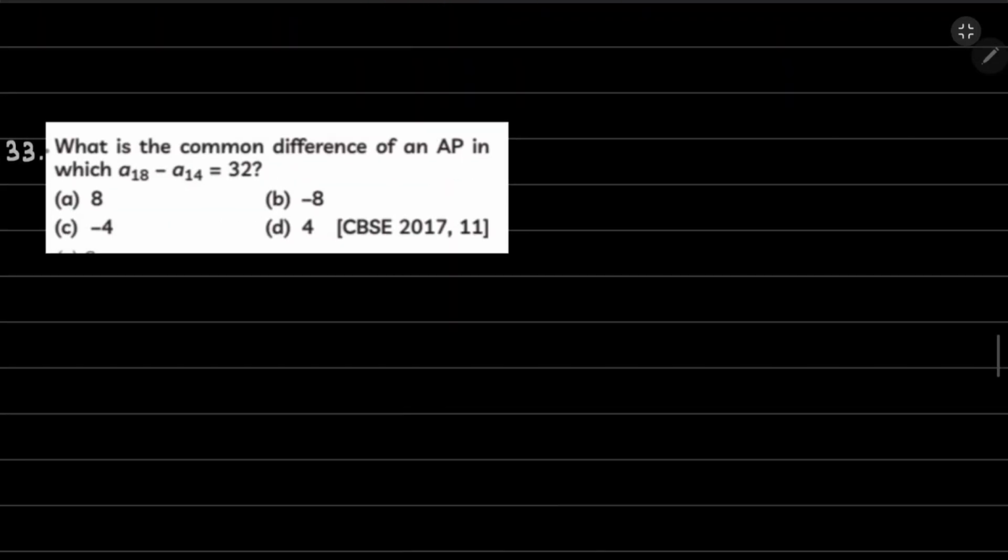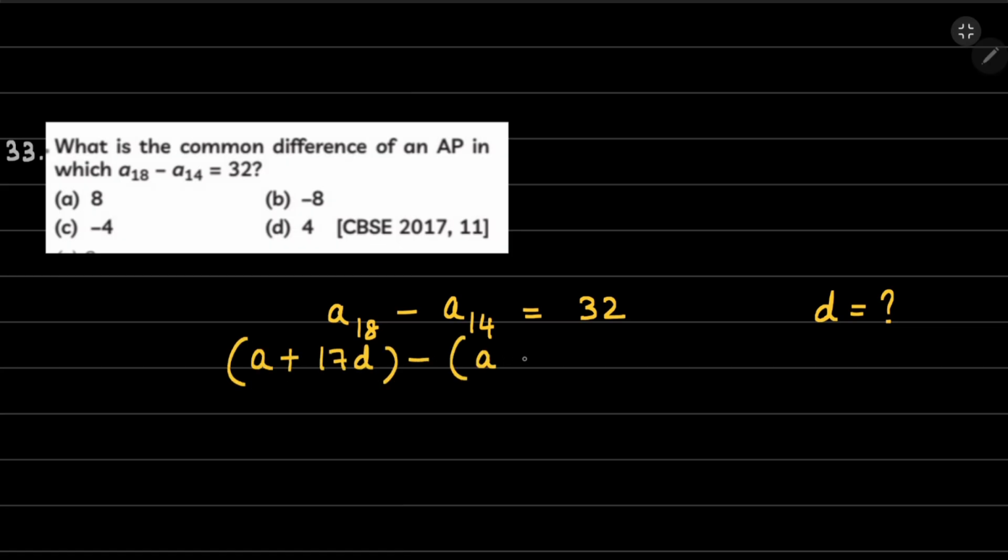Let's move on to the next question. What is the common difference of an AP in which the 18th term minus the 14th term is 32? You have to find the common difference. Let's do it. This is A plus 17D minus the 14th term, A plus 13D, is equal to 32.